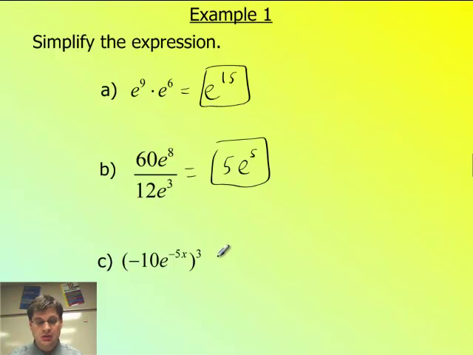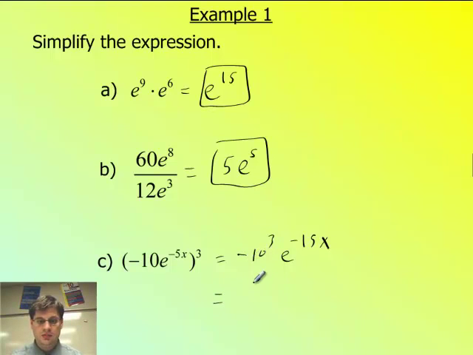In this next one, I can rewrite this as negative 10 to the third power. Remember, I'm not really distributing the exponent here. And then e to the negative 15x. Okay, so I'm going to have to simplify this further.